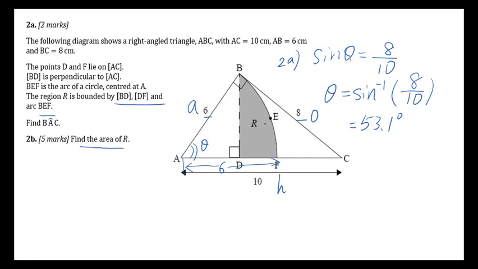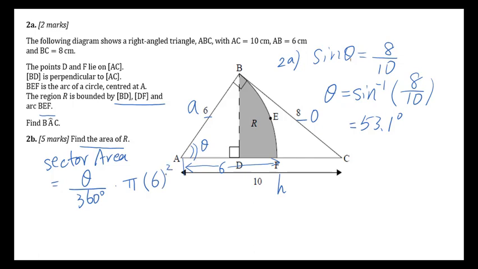For 2b, find the area of R. For this area, we can get it by doing subtraction. So the sector area equals theta over 360 degrees times pi r squared.